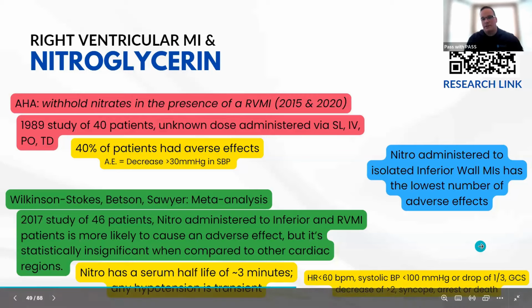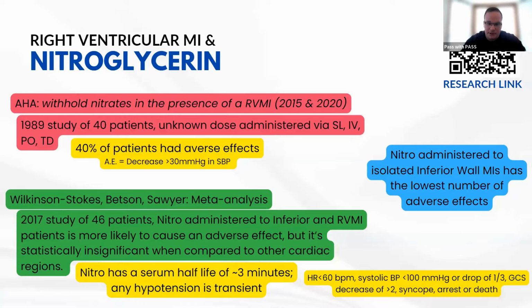So another really interesting thing from these studies was that nitro administered to isolated inferior wall MIs, so just elevation in 2, 3, and aVF, where the right side was fine, had the lowest number of adverse effects. So I think that's important to call out because if you ask in your firehouse now, there's probably some people that are under the impression that if they have an inferior wall MI, they are just period not giving nitro because of the worry with right-sided involvement.